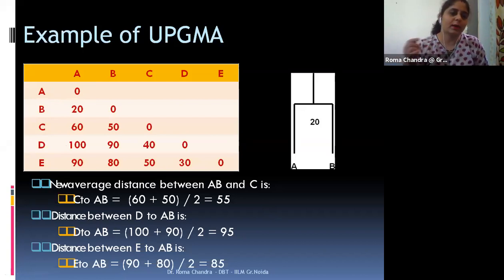If I'm talking about A and B, 20 is the dissimilarity number between the two sequences. A and B are dissimilar to each other and the score value is 20. A and C are also dissimilar with a score value of 60. A and D, 100, A and E, 90.